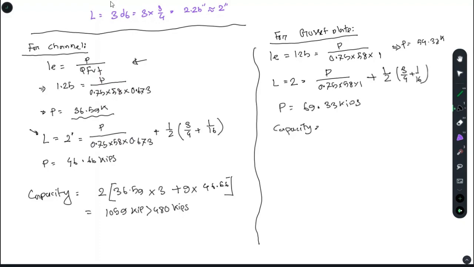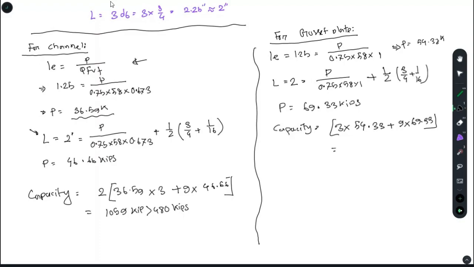So it has a single plane for gusset plate, and you have three edge bolts, and for that you just multiply 3 with 54.33, and you'll multiply the other 9 bolts with 69.33, and you'll get a value of what?